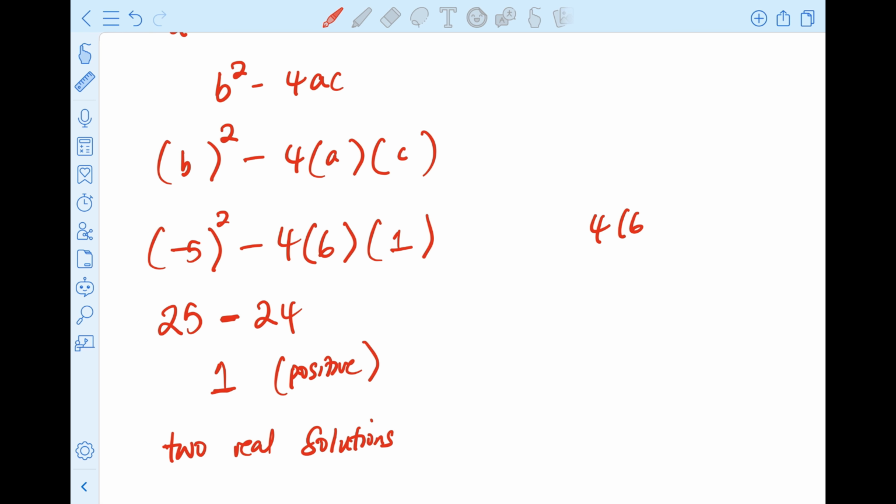So 4 times 6 times, let's say 3. They'll go 4 times 6, 24, and then 4 times 3, so they go 24 and then times 12. And they do a double multiplication. Please don't do that.